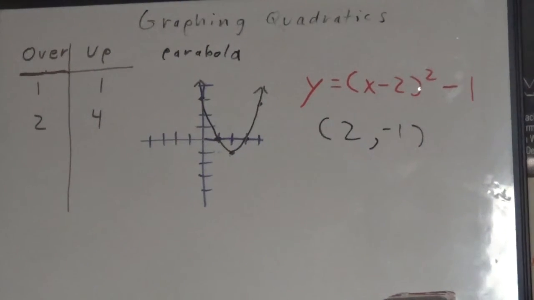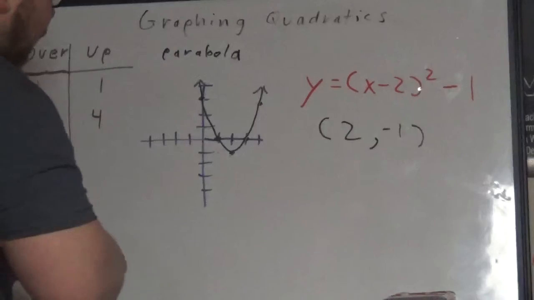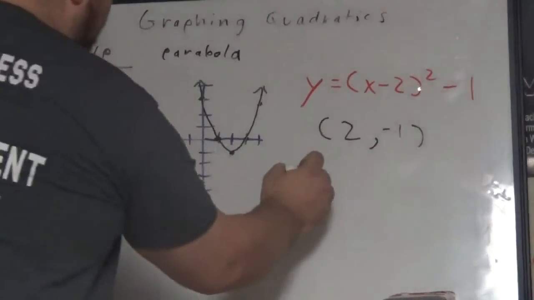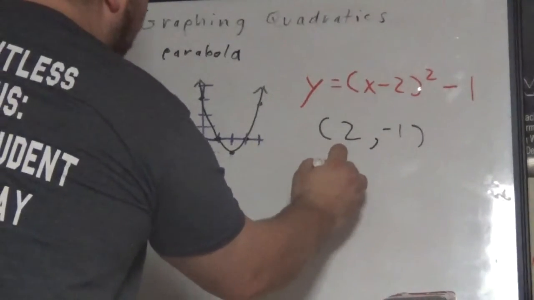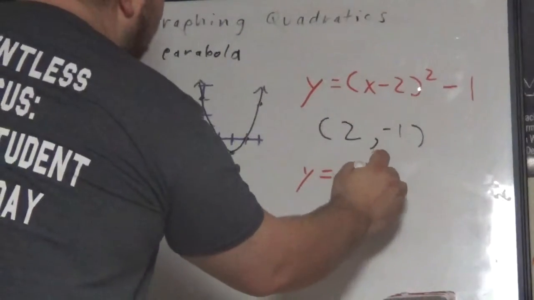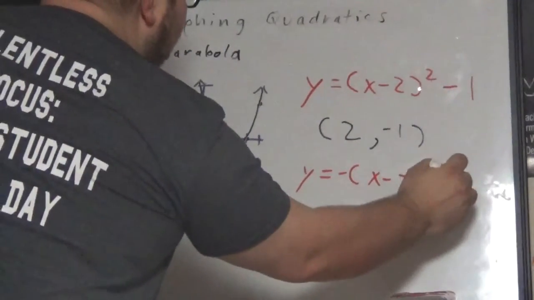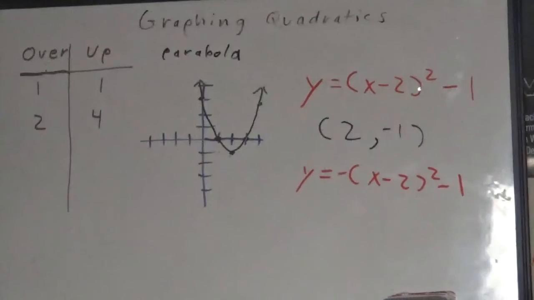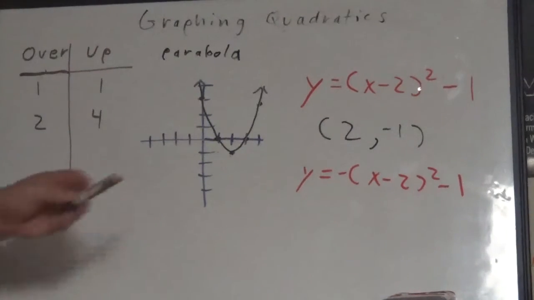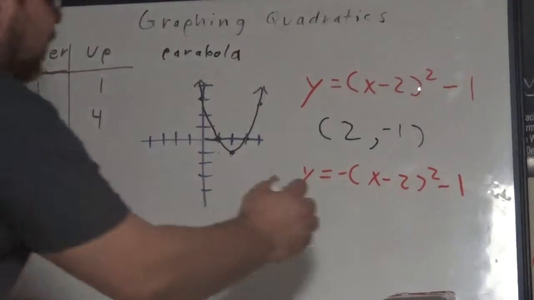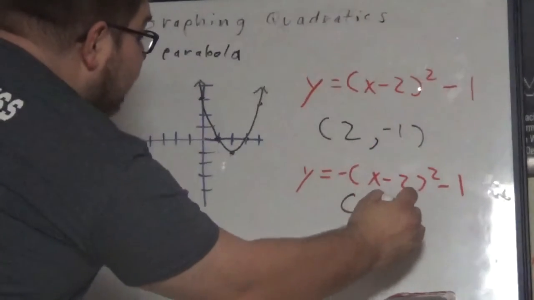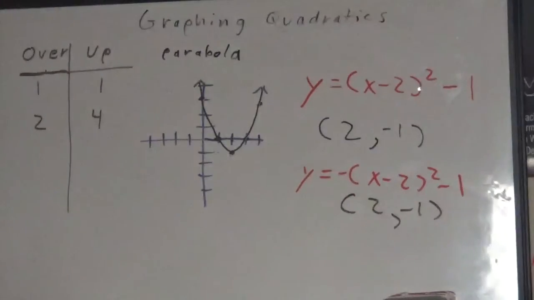If it's a positive equation, it's going to go up, and if it's a negative equation, it goes down, so I'll do that as the second example. I'm going to keep the numbers the same, kind of to make the point here. So again, because I didn't change the equation, the vertex will be the same.